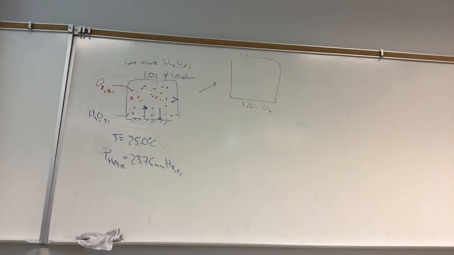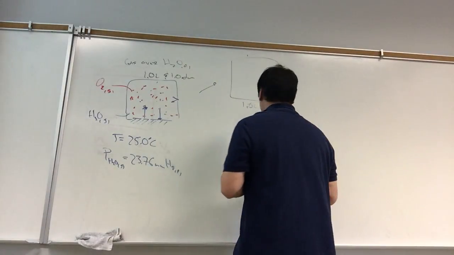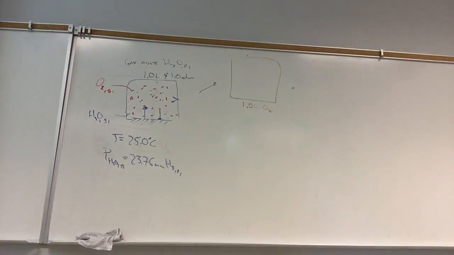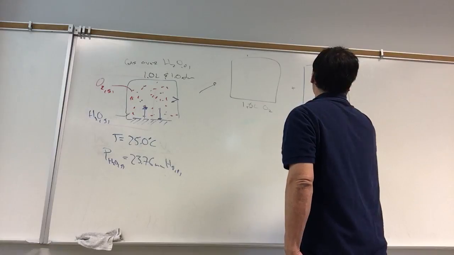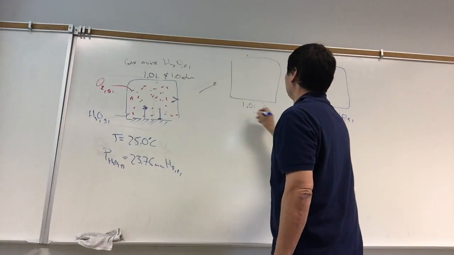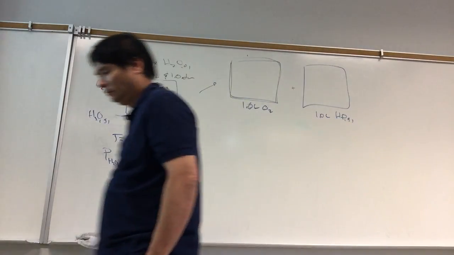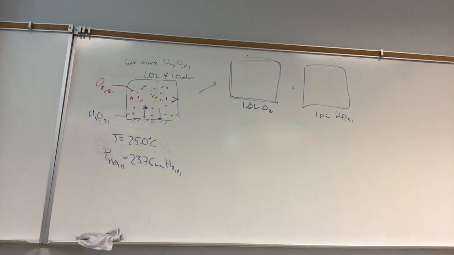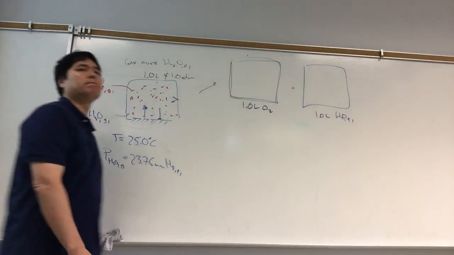How many liters of water vapor do I have? 1.0 liters of water vapor. Okay, what else do I need to know? Atmospheres. How many atmospheres of oxygen do I have?